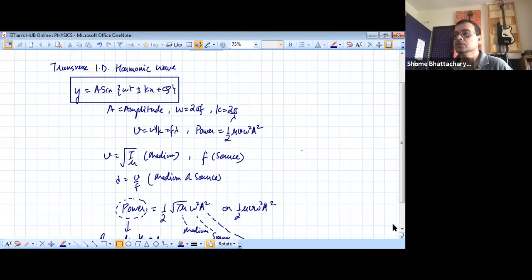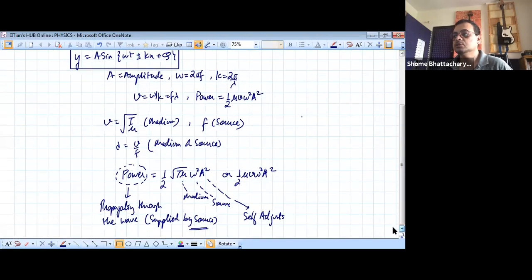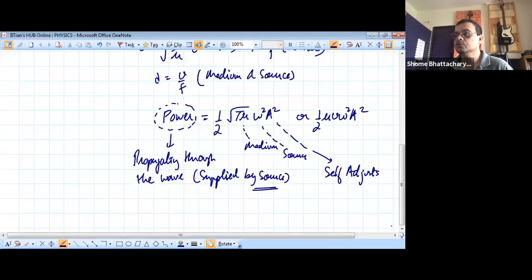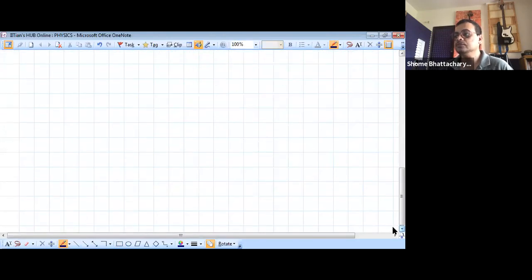And of course we saw a snapshot picture, and y as a function of time for a fixed value of x, and we saw those interpretations, and those things are important.